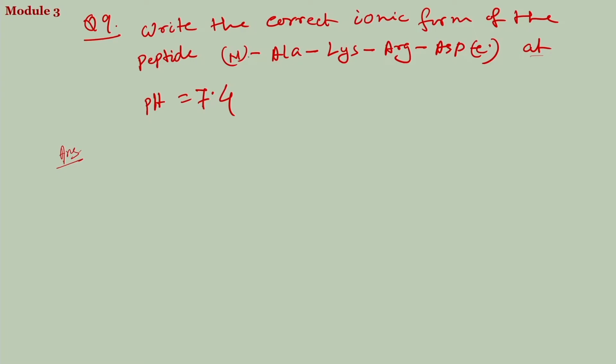Now, if you have to write the structure, let us start. Alanine is the N terminal, which means it has the amine group. I am first writing the skeleton, and then we will look at which ionic forms they might exist in. Alanine is just CH3 here, and then you have CO, NH. Next is lysine.